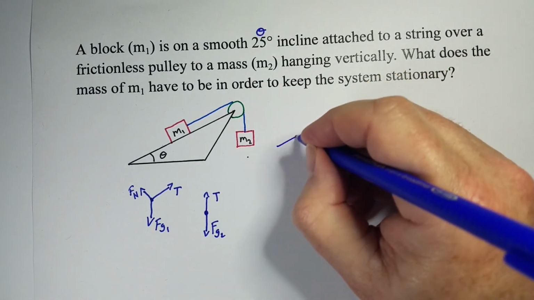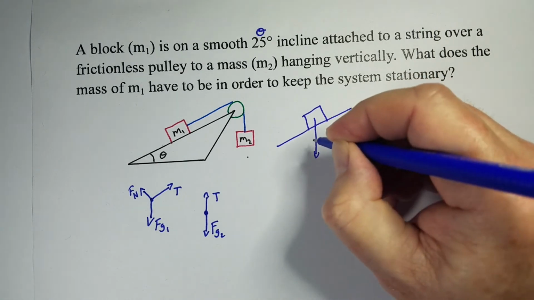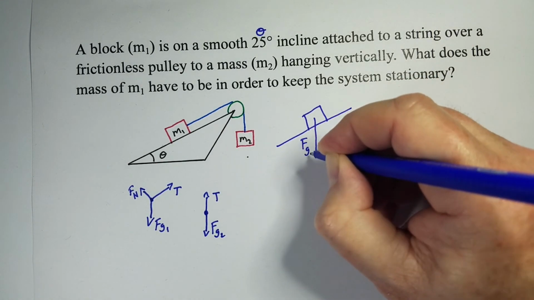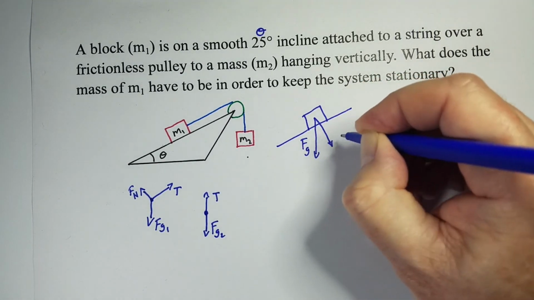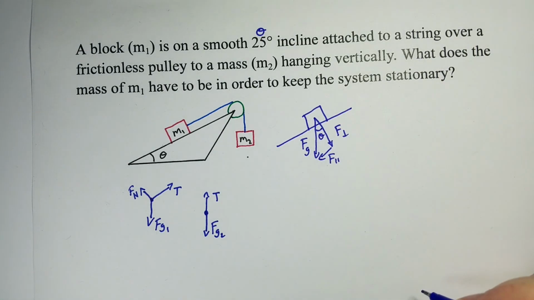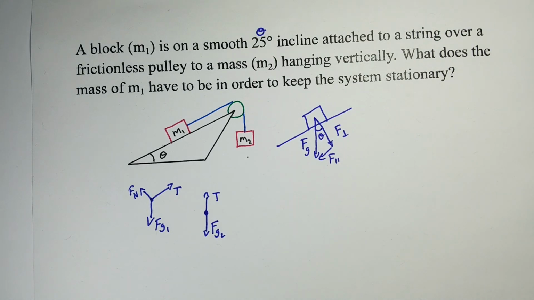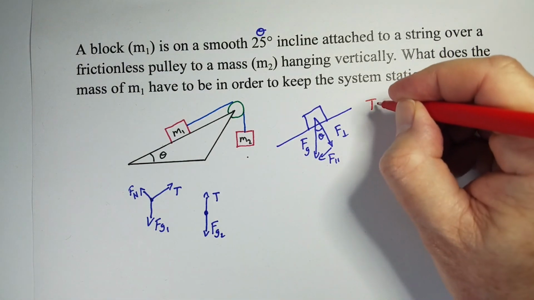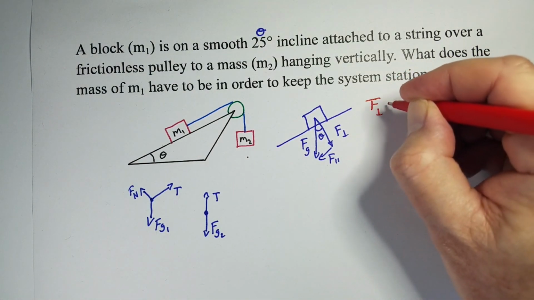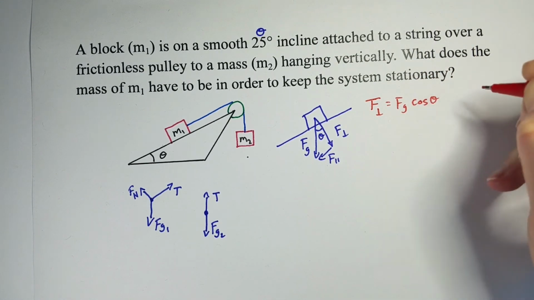Since we've got it on an incline, we need to find the force perpendicular and the force parallel. Again, that angle is going to be the same. So if we were to break this up, force perpendicular would be the weight times the cosine of the angle.